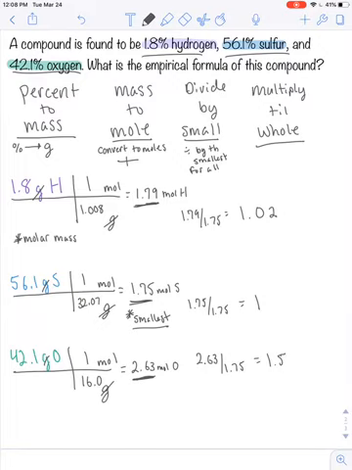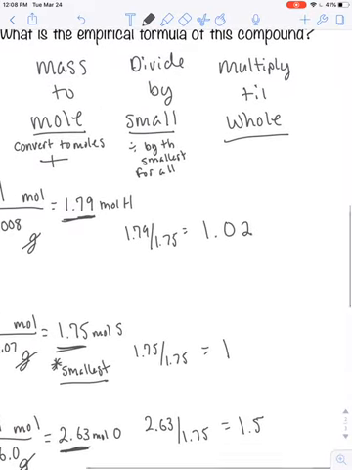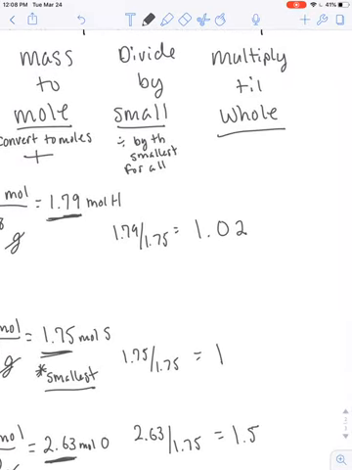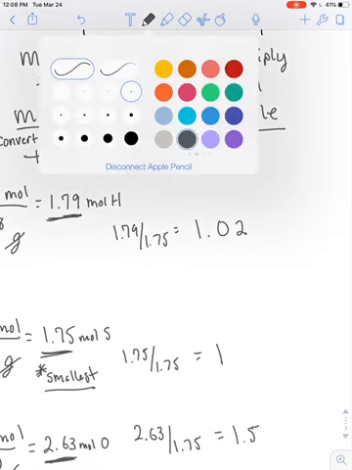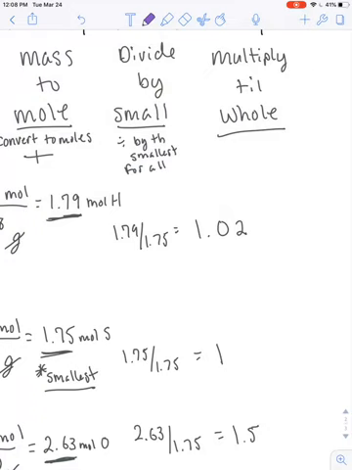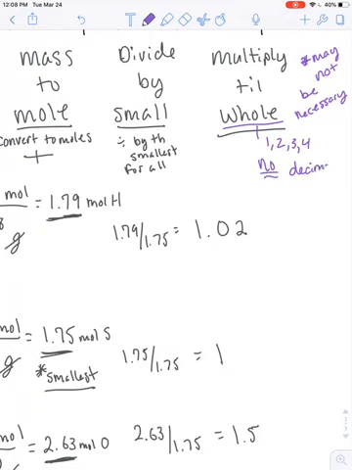So the last step, I'm going to zoom in a little bit for this one, is multiply till whole. So this one is kind of optional. It may not be necessary. At this point, if you already have whole numbers, so by whole we mean whole numbers, 1, 2, 3, 4, no decimals.